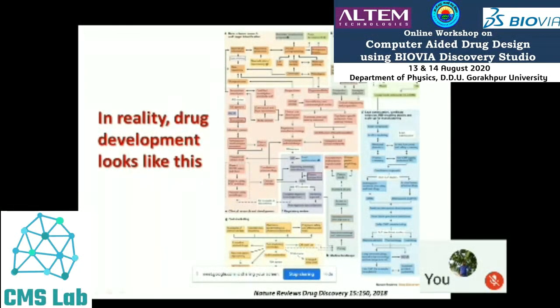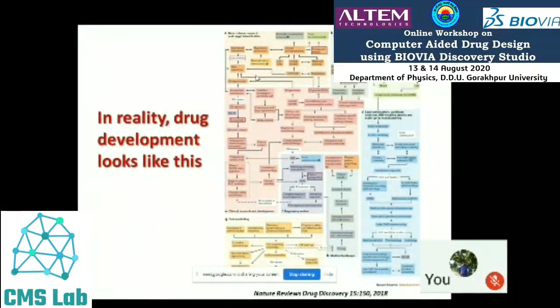In each and every step, right from the start, the first step in a drug discovery process is target identification. Target identification is very complex, involving data mining, generating hypotheses, and understanding the genotypes and phenotypes of our results.